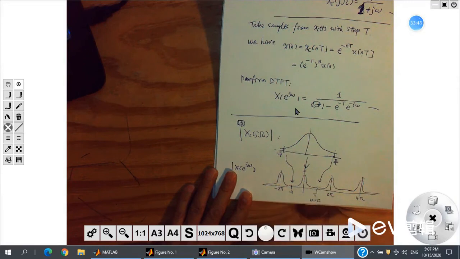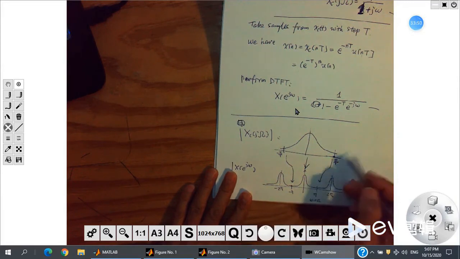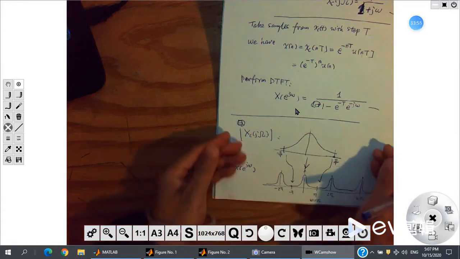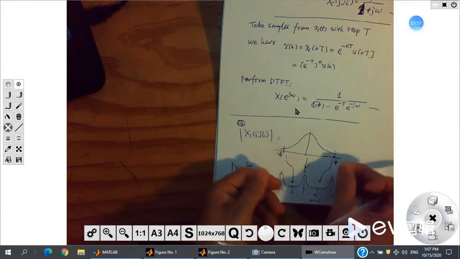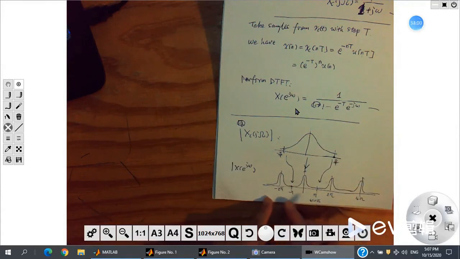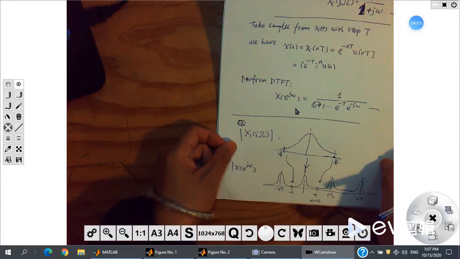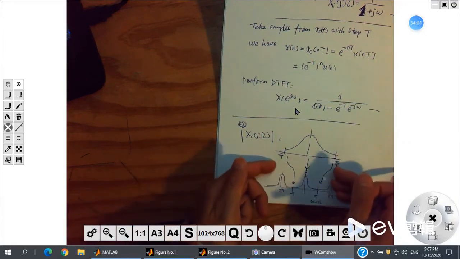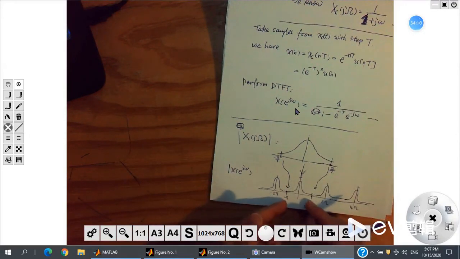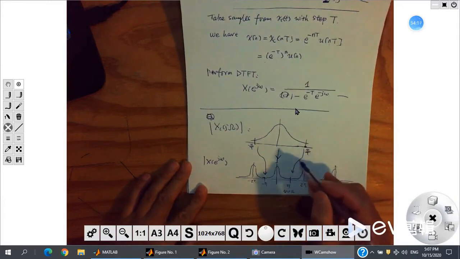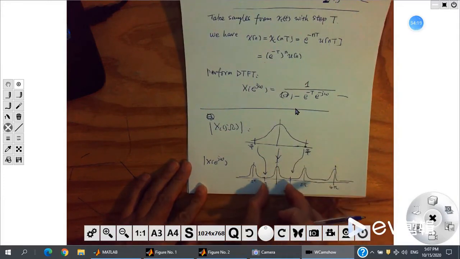So for small t, this part contains more information, right? The whole thing, you change the scale and make it fit this space. Here the space is negative pi to pi, and for small t you have a large part. You press it to fit this one and put it here. All right. Got it? So with smaller t, more information will be kept here. For larger t, you have less information.